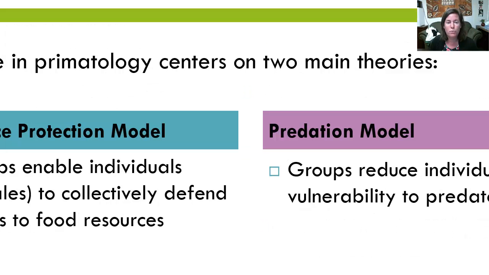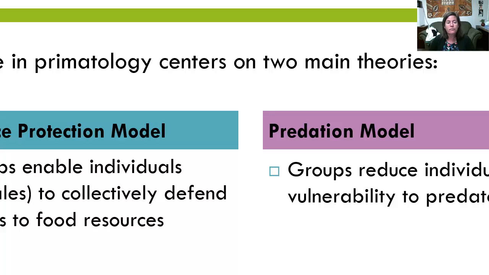So why do primates live in groups? This is a big debate in primatology and has been for the last 30 or so years. Most of the discussion by primatologists studying grouping patterns has focused on the relative importance of two benefits of group living.